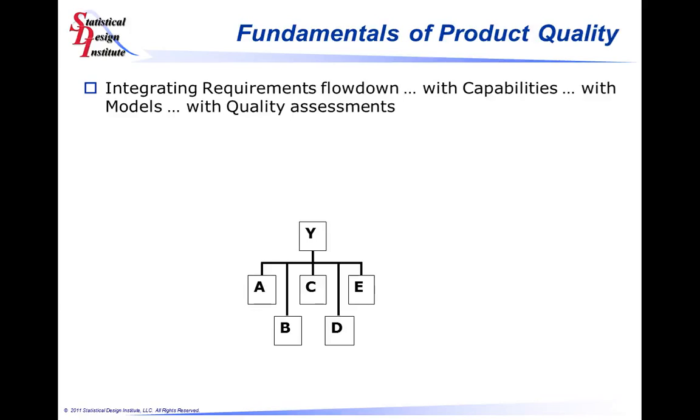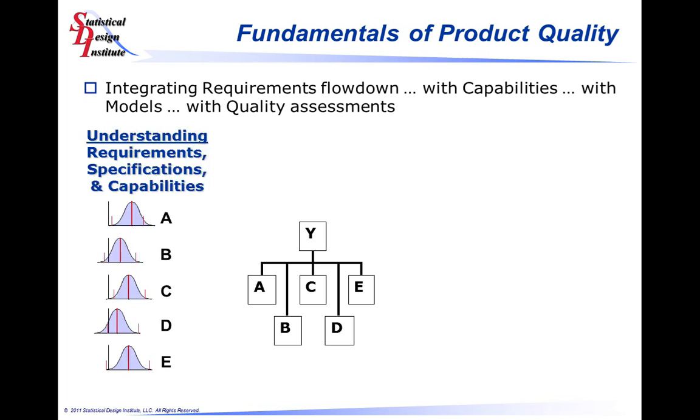So here we've represented with this requirements hierarchy shown on this chart that we have a particular Y response that's a function of 5 variables, A, B, C, D, and E. Each one of these parameters or variables A, B, C, and D has a particular nominal value that may be assigned to each one, and there may be a specification that's also assigned to that parameter, and there may be some sources of uncertainty that we can attribute to that individual parameter also.